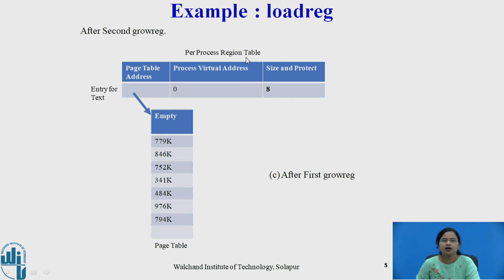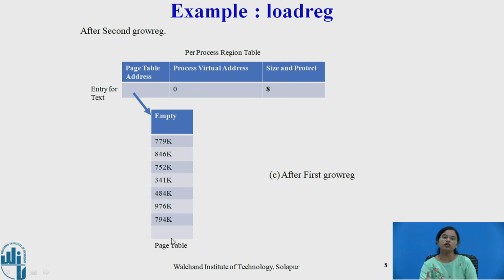Whenever the second grow region is invoked, the size is incremented and the whole text region is loaded into the memory, pages 1, 2, 3, 4, 5, 6, 7, and the total size is 8 because the first slot is empty. So, 7 plus 1, the total size becomes 8. This shows the virtual addresses for that text region for its 7 pages.